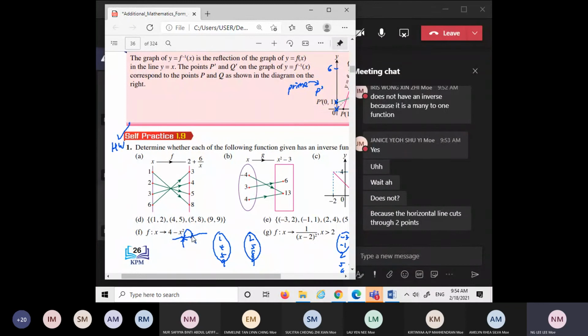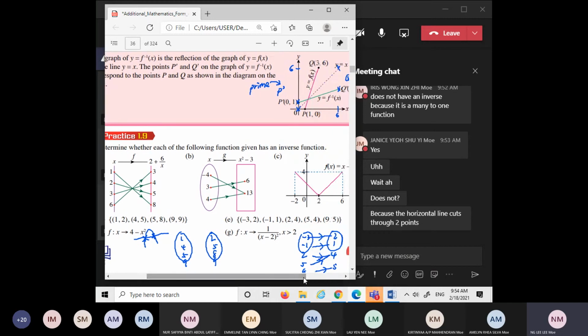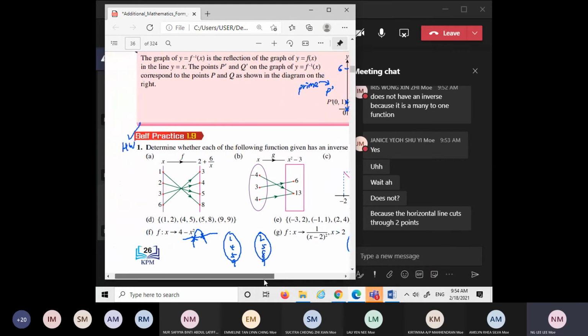Okay, very good. Another way of giving a reason is you can find two points that have the same image. Like the example E, two different objects but have the same image.